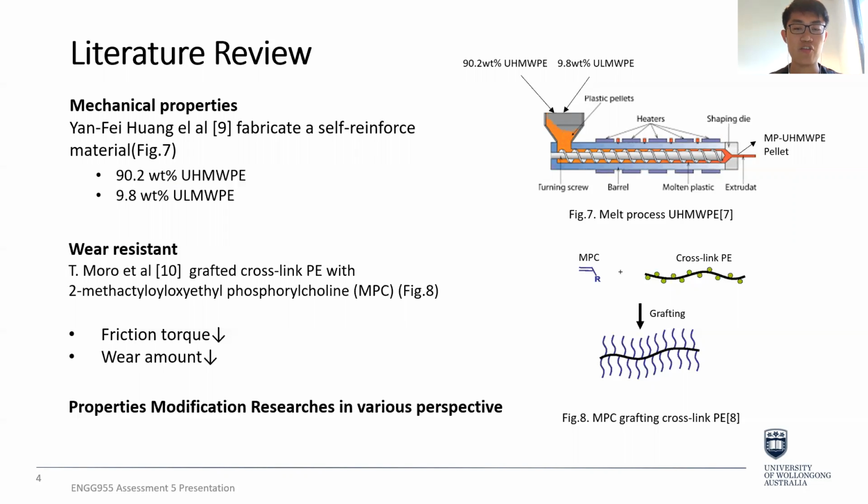Mechanical properties of artificial knee joint determine whether they can bear the whole weight of a human body for a long time. As shown in Figure 7, Yang Huang adds ultra-low molecular weight polyethylene, which works as lubricant, into ultra-high molecular weight polyethylene.